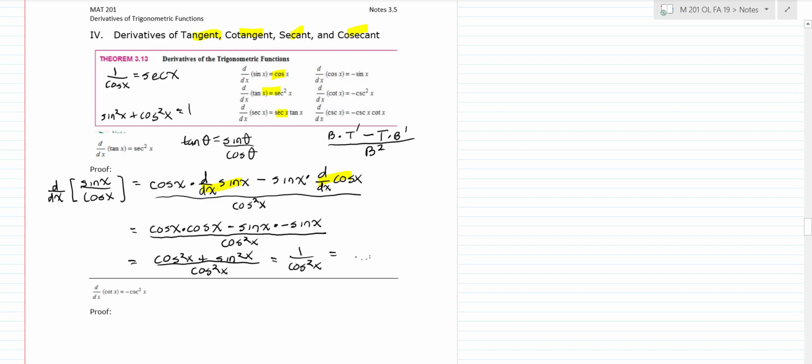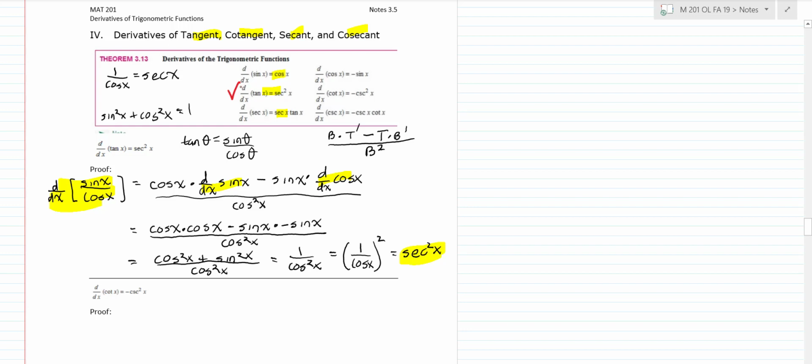So actually this could just be replaced as, and you don't necessarily have to write this step, 1 over cosine squared x, so therefore that is secant squared x, right? So what we did is we just showed, just using trig identities and basic calculus, the quotient rule, that the derivative of the tangent is the secant squared of x. Okay, so we got that one nailed.